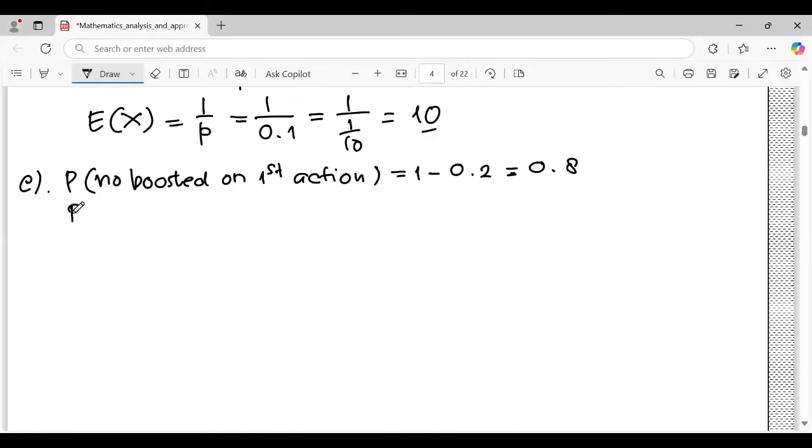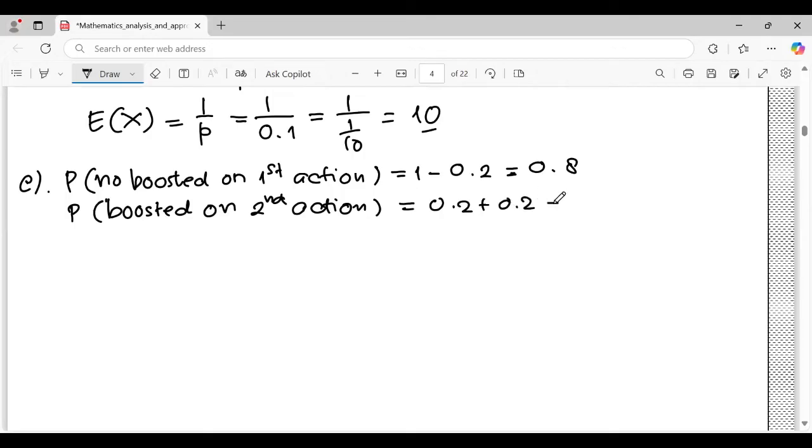And on the second action, the probability of boosted is 0.2 plus 0.2 because it increases, so 0.4.